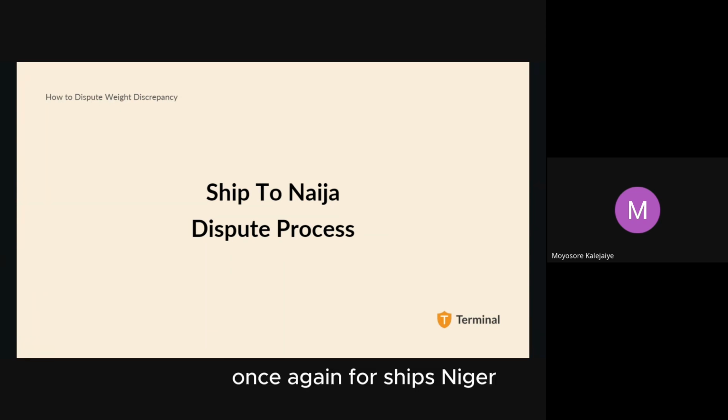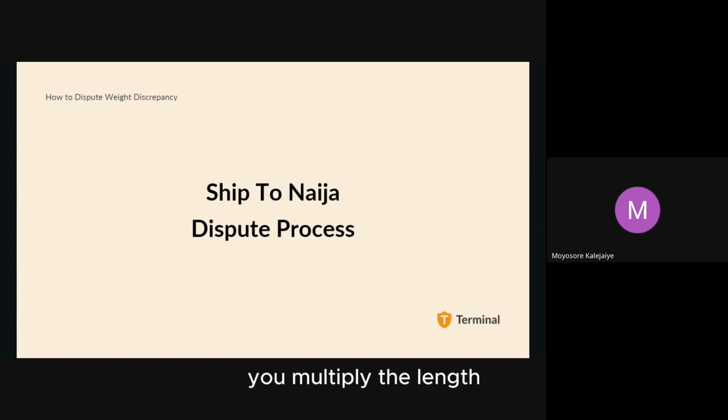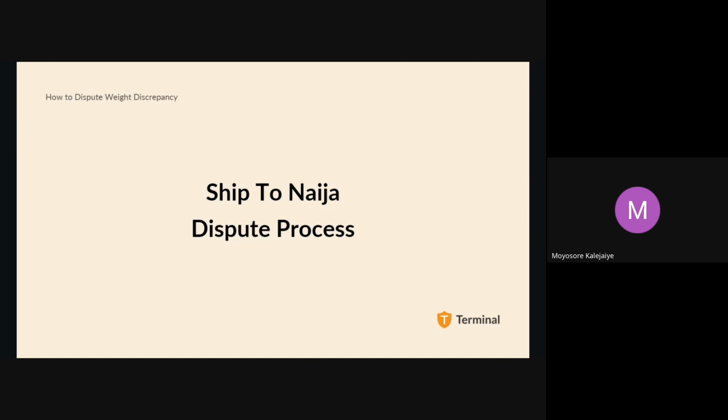Once again, for Ship to Niger, when you want to calculate the volumetric weight, you multiply the length by the width by the height and divide by 139. The result you get from that division, you now divide it again by 2.2. This gives you the dimensional weight.